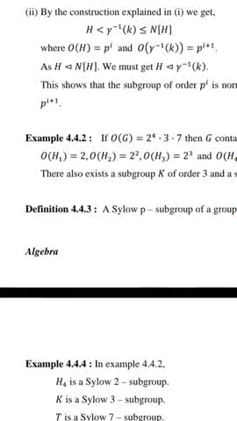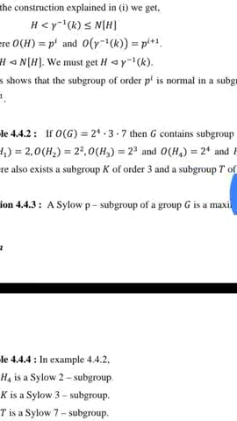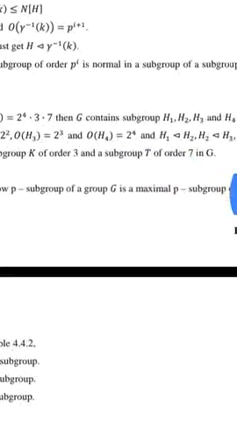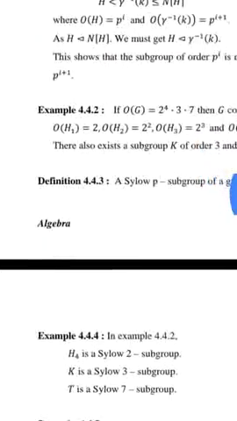There also exists a subgroup K of order 3 and a subgroup T of order 7 in G.